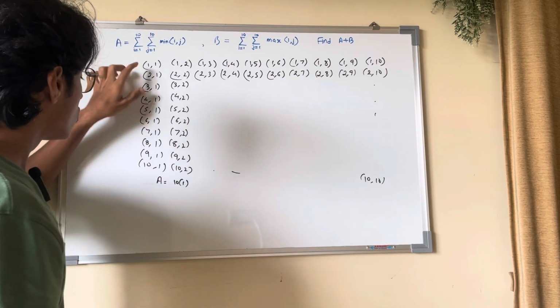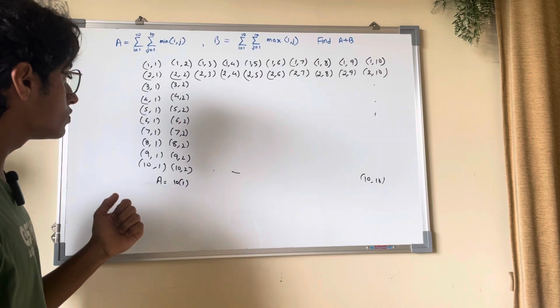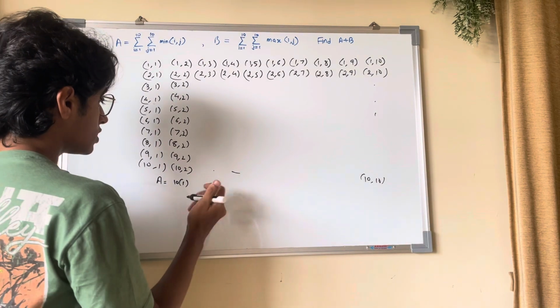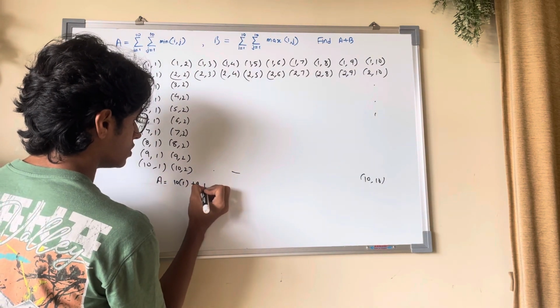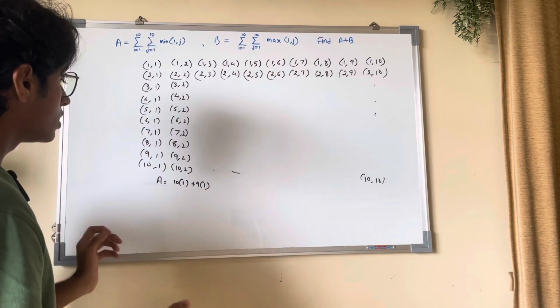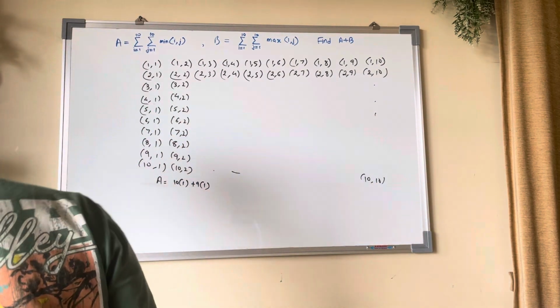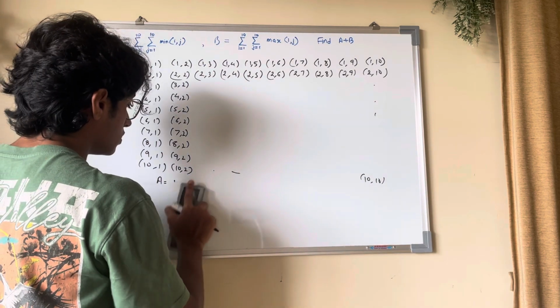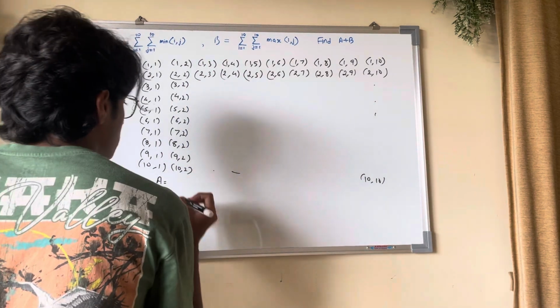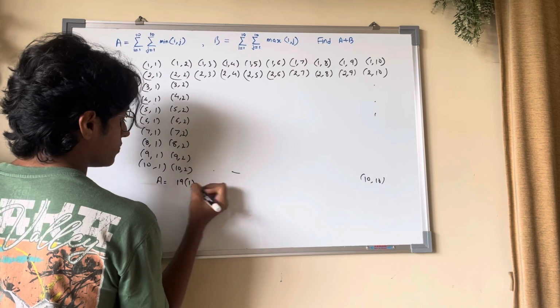All these 9 elements will also give the minimum 1, so plus 9 times 1. Grouping these two together, we get 19 times 1.